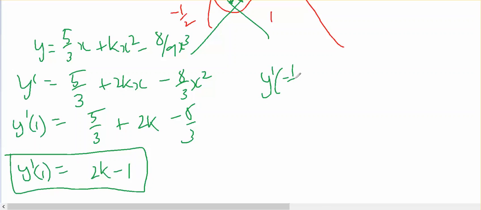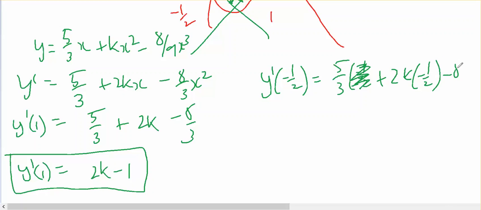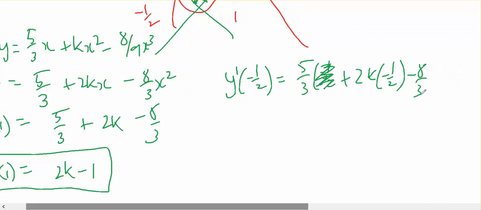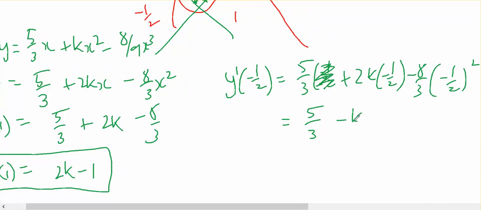Y dash of -1/2 will be 5/3 times -1/2, sorry, 5/3, plus 2k times -1/2, minus 8/3 times -1/2 squared, which will be 5/3 minus k, that's plus 4, so minus 2/3, which is 5/3 minus 2/3, which is 1 minus k.